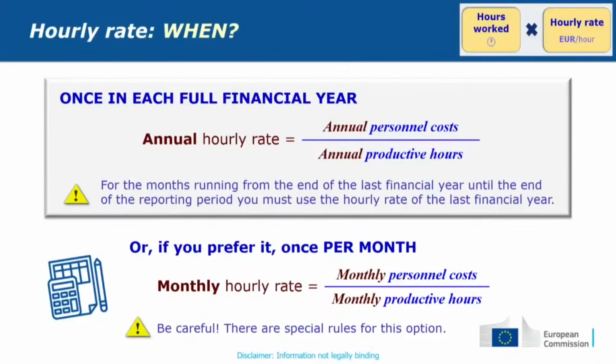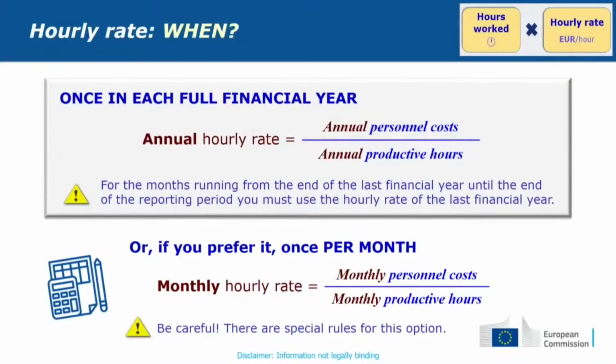You will have to use for these last months, these months of the ongoing financial year, the hourly rate of the previous full financial year, your last closed financial year. So you will not be able to calculate hourly rates for fraction of a year, which implies that if there is a salary increase at that moment, well, it's not going to be reflected immediately in the hourly rate. It's going to be for the next reporting period when you will see this hourly rate updated.